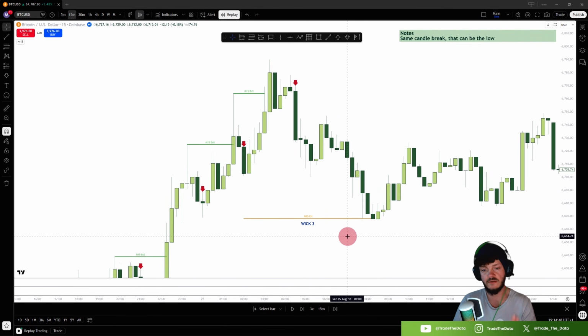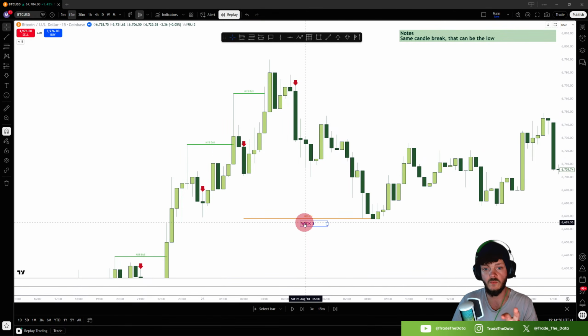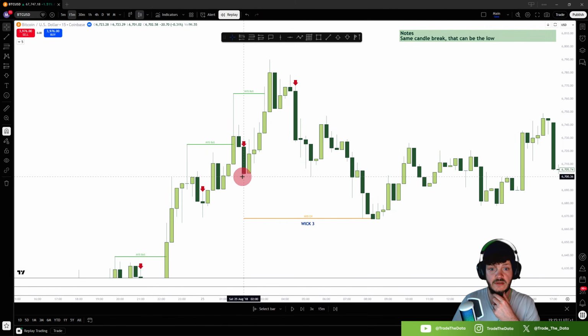One thing I'm doing is I'm marking up these wicks with the intention to, when I import the data, be able to add it to say, is counting the wicks worth it? And I will then go back and do a whole other run through this. Part of me feels like it is, but there's other times you see a lot of chalks that are wicking multiple times, and actually it might be better for me to, at this point here, get into a downtrend.